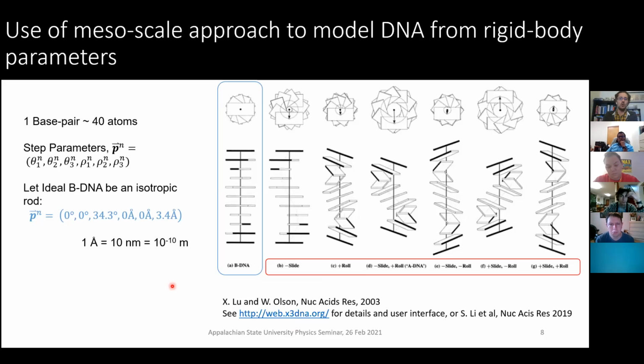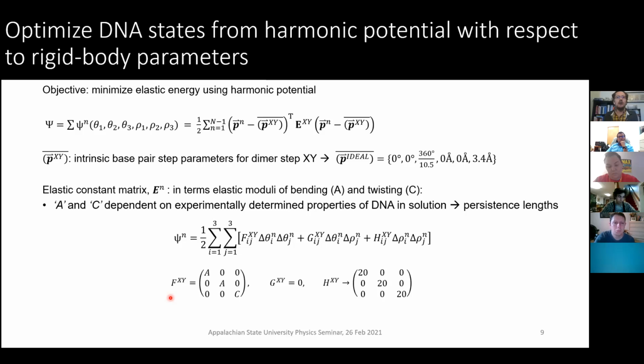My mentor, Dr. Olson, is actually a leader in developing this parameter orientation of parameter usage for 3-dimensional structures. And we can use this mathematically in looking at elastic energy minimization calculations. If you all know about calculus, we know that if we want to do some sort of optimization, we would need some sort of initial function or initial structure, as well as some sort of rest state to look at.